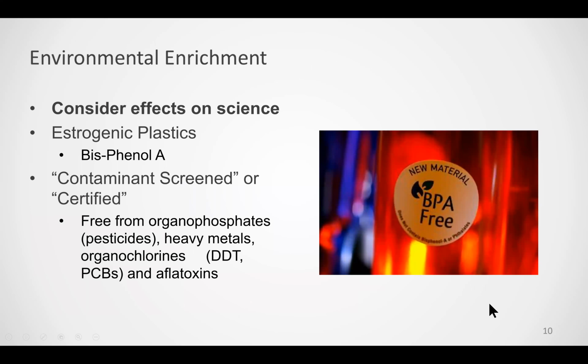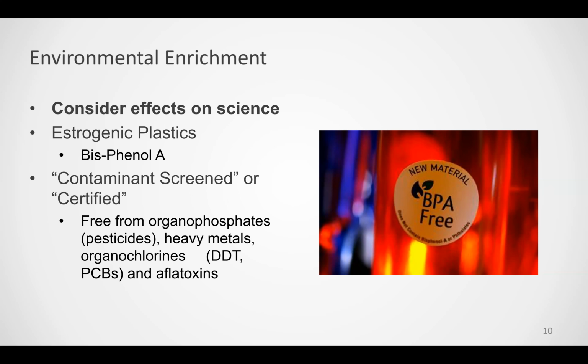Some other considerations when planning enrichment are the effects on the science. So in the case here, this is showing you that sometimes products that you put in that you think are not going to cause a problem can be a problem.